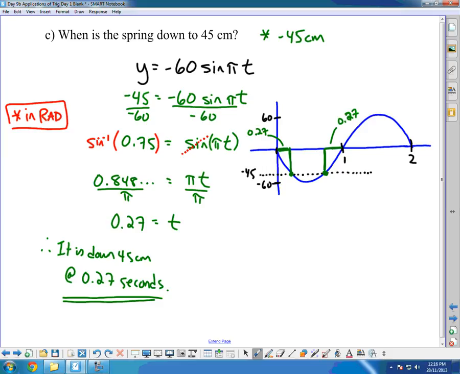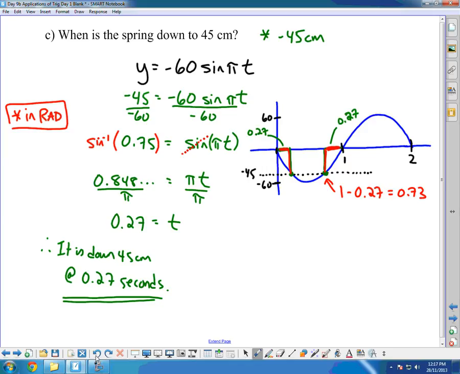That's the idea of the symmetric properties of the sine curve. It goes down the same way as it comes up, and vice versa. Although my sketch is not perfect, we should know that this much and this much should be the same. So if this much is 0.27 seconds, it's 0.27 seconds away from 1. So this one must be 1 minus 0.27 seconds, or 0.73.